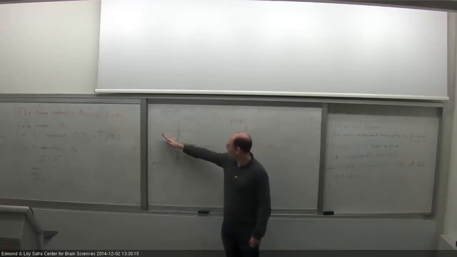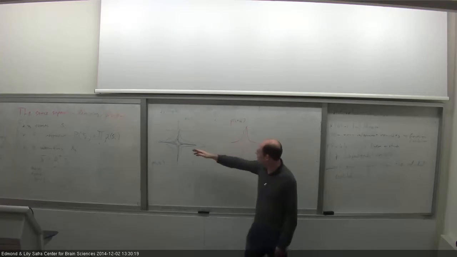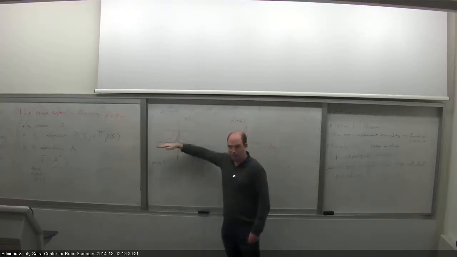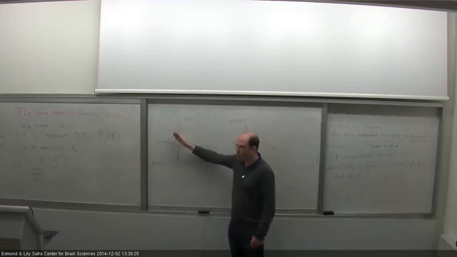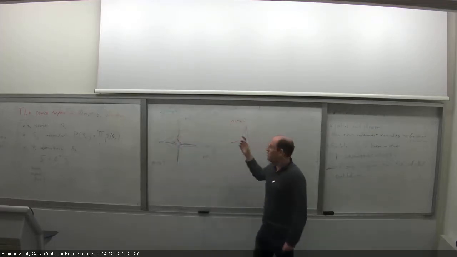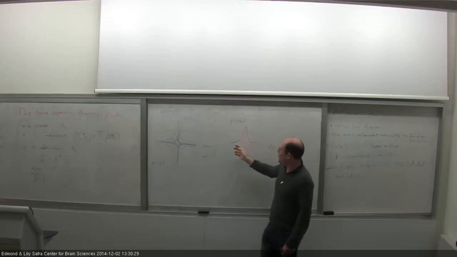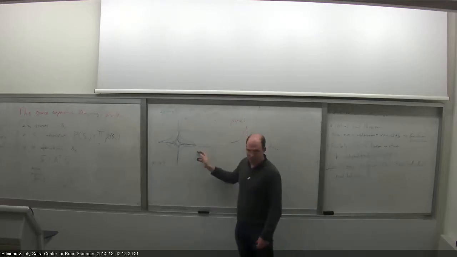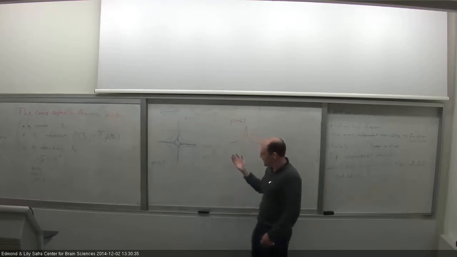If you choose a direction like this, which is a mixture of the two S's, it will look more Gaussian than the probability distribution that we get if you choose one of the S's. So as a function of the angle that I choose, I will get the most Gaussian distribution in this case when I choose to mix S1 and S2 with the same coefficients, and if I just choose one of them, I get something less Gaussian.